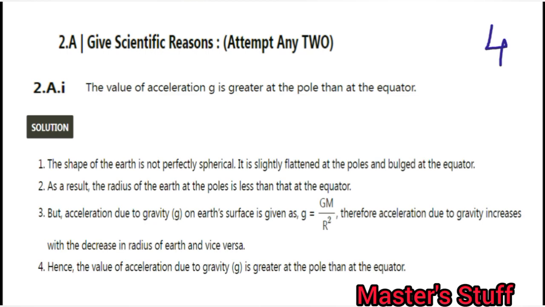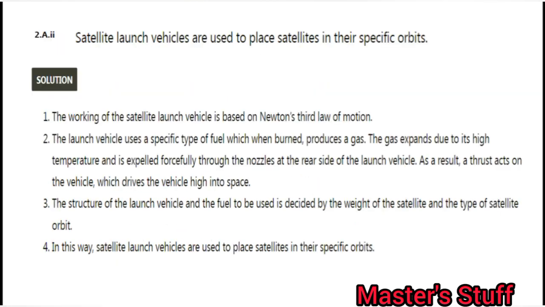Hence, the value of acceleration due to gravity is greater at the pole than at the equator. Second reason, satellite launch vehicles are used to place satellites in their specific orbits. Solution. First point, the working of the satellite launch vehicle is based on Newton's third law of motion.